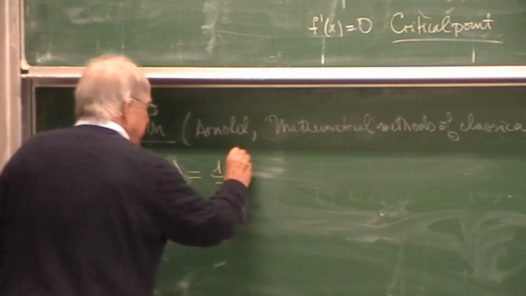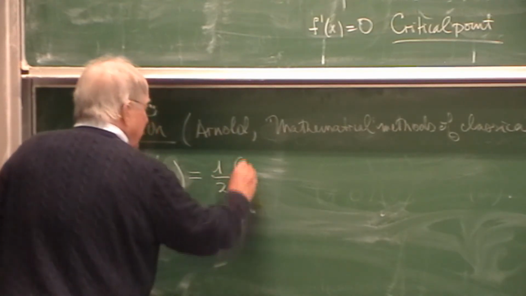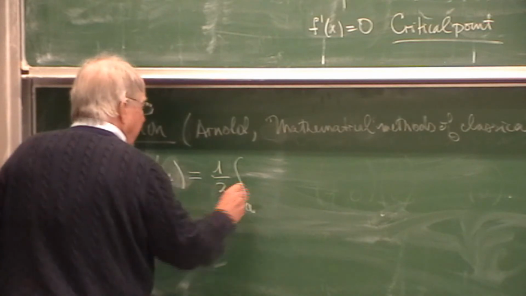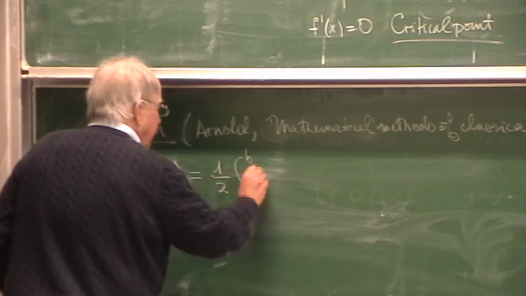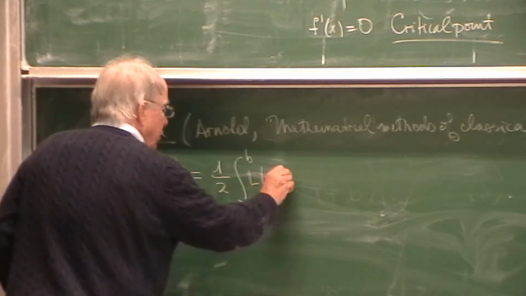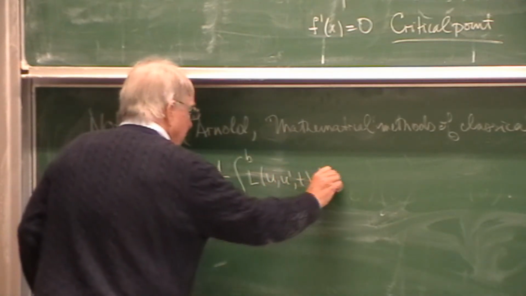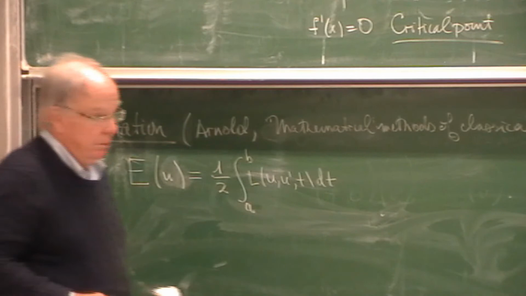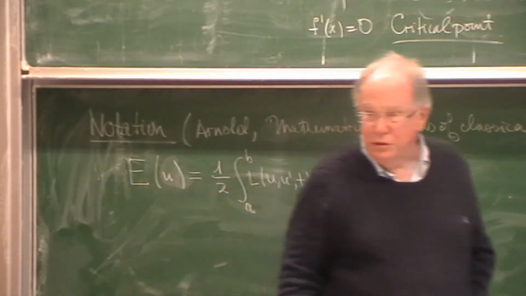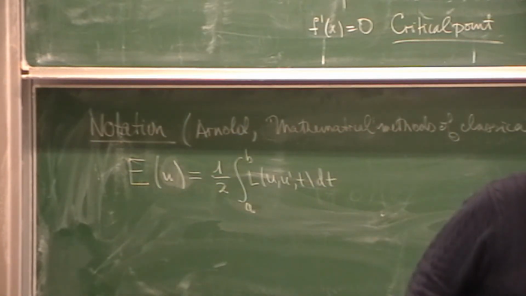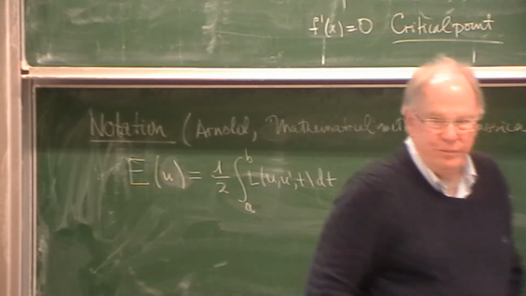There's always, for some dumb reason, a half here. The curve is defined on [a, b] of something L(u, u', t) dt. Does that look like good notation to you? Okay.